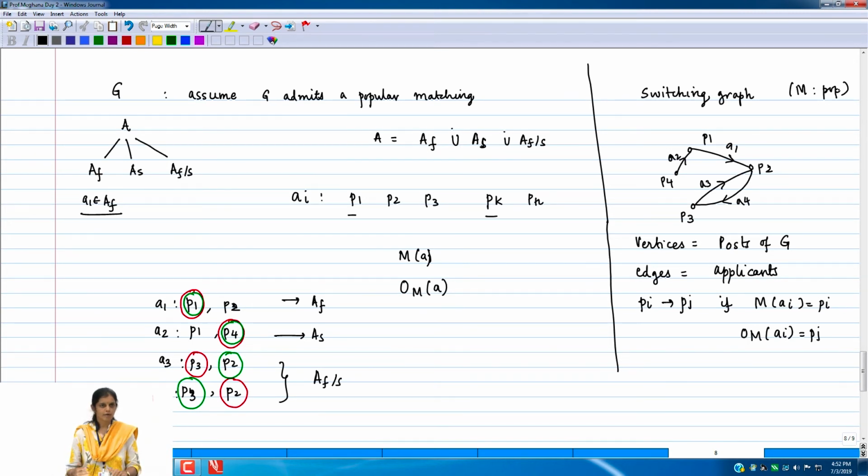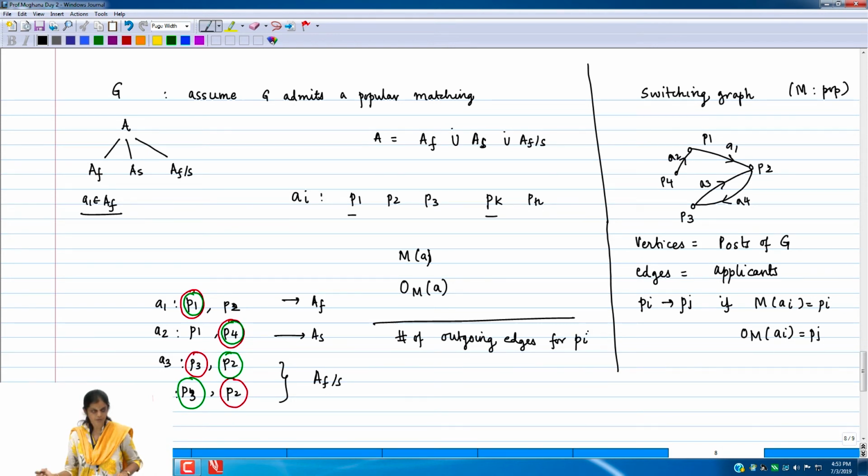So let's talk about outgoing edges from a vertex. How many outgoing edges can a vertex have in this graph? So the question is number of outgoing edges for any post Pi.